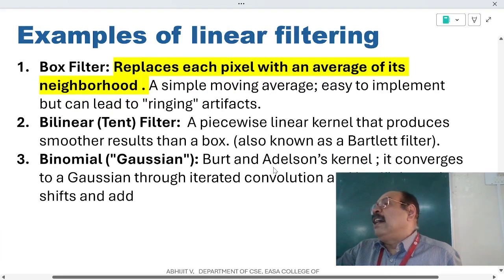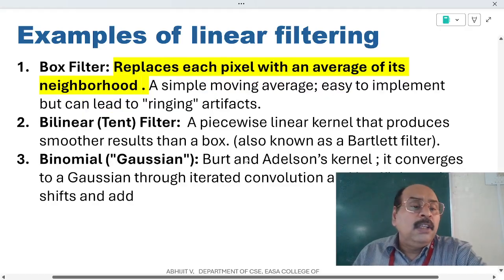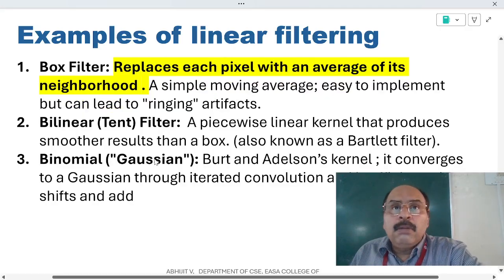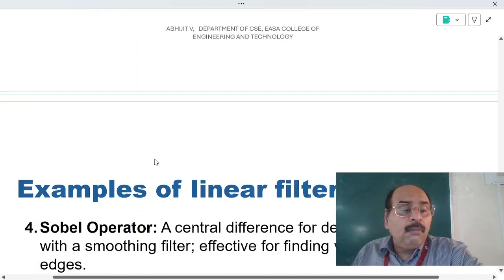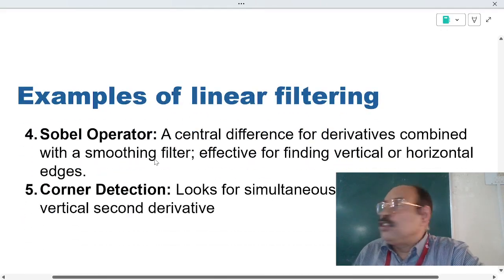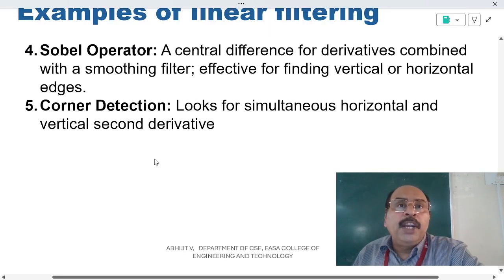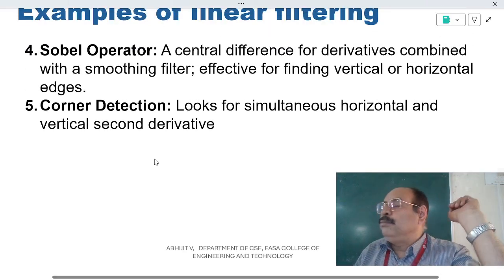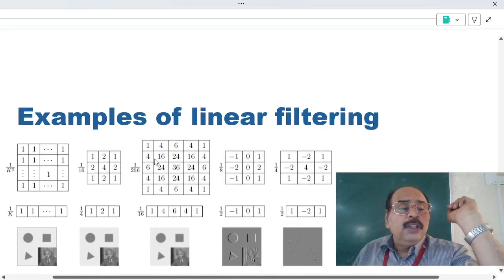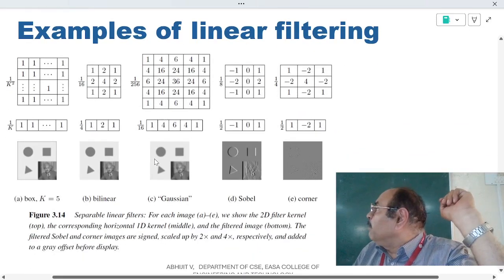So these are the examples of linear filtering. You have box filter, bilinear, binomial, Sobel operations, corner detection.